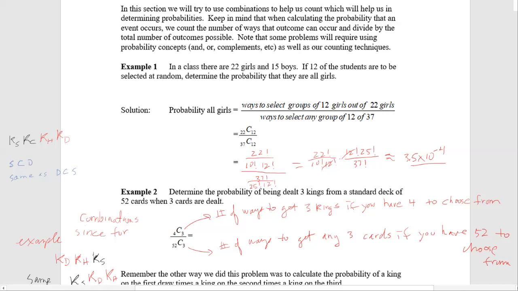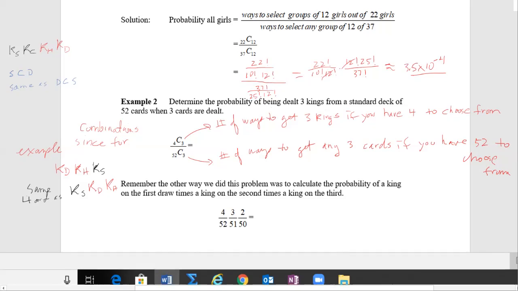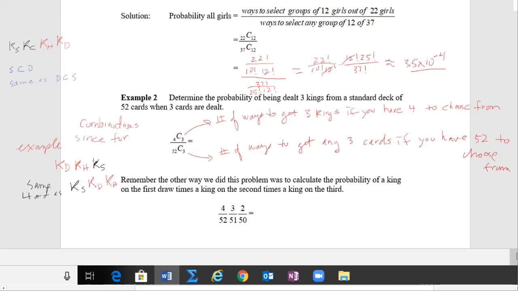Okay. This next one, this is the one that we did before. Determine the probability of being dealt 3 kings from a standard deck of 52 cards when 3 cards are dealt. Well, we did this before. We said that, okay, you have 4 kings to choose from for your first card.